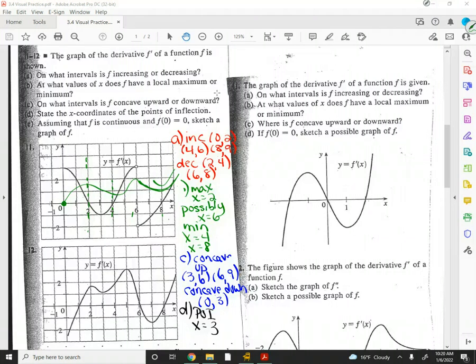Point of inflection at x equals 3. Yeah, that changes concavity. So at that x equals 6, it changes direction, but it has to be like a corner or a cusp. So that would be the best thing to do there.